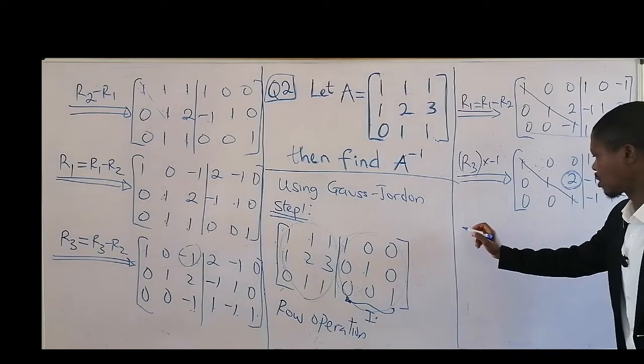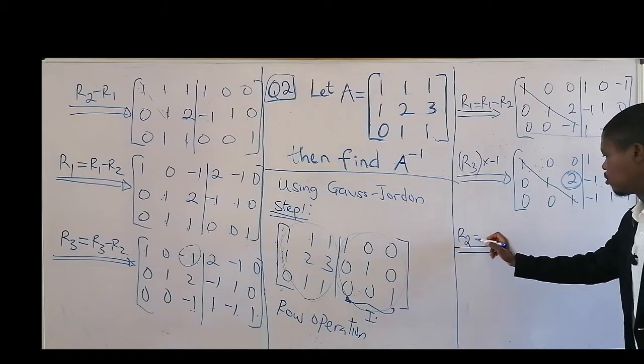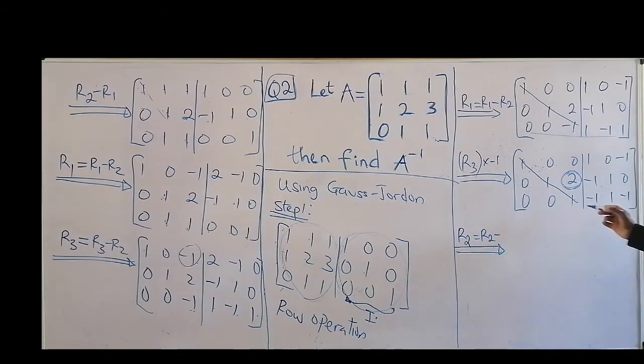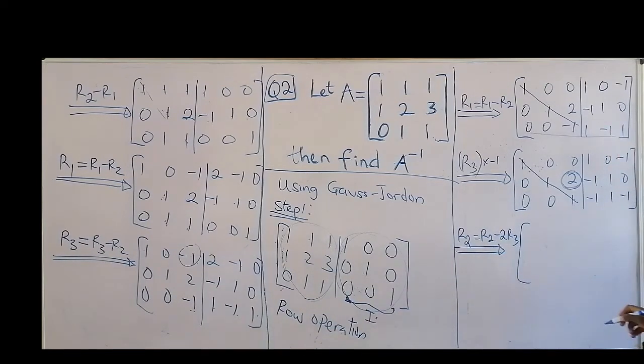So what we do there is we work on the second row, and that will be equal to second row minus 2 times row 3. You can see 0 here, 0 here. That will give us 1, 0, 0, 1, 0, minus 1. Here is 0. 1 minus 2 times this, that's 1. 2 minus 2 times this place, that's 0.